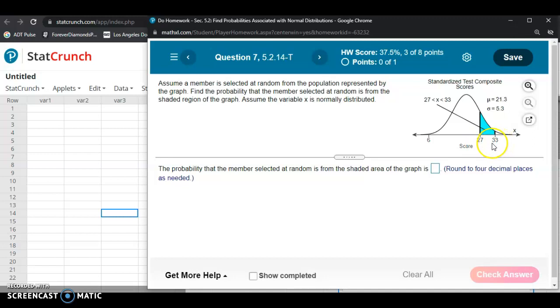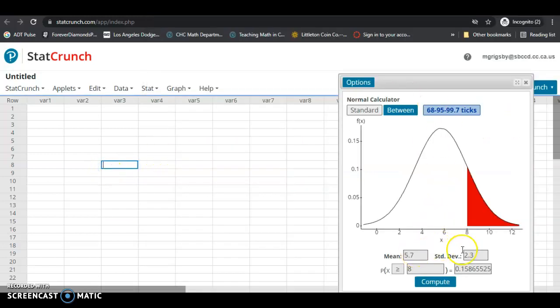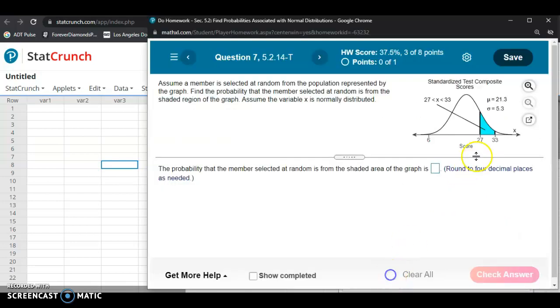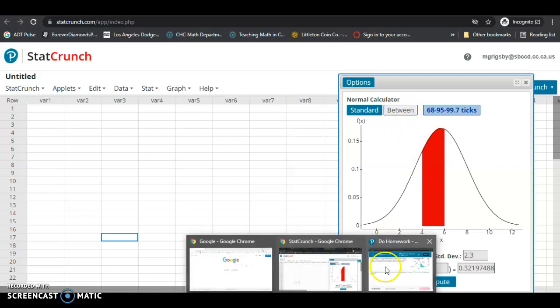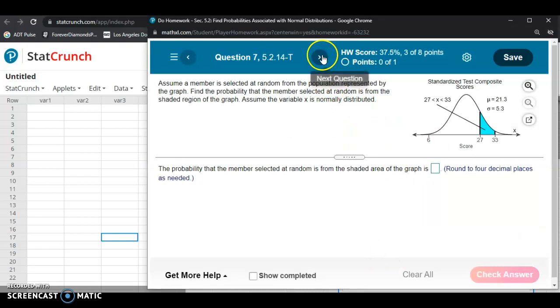So you would enter this information into the calculator accordingly, so the mean, standard deviation, and because you're asked to find the probability between two values, you would enter those two values, 27 and 33, in the two boxes here, of course selecting the between option to answer question number 7. So I'm going to go ahead and go on to number 8.